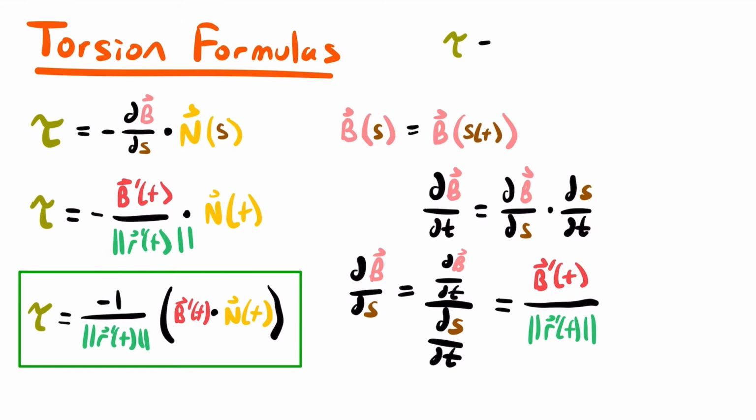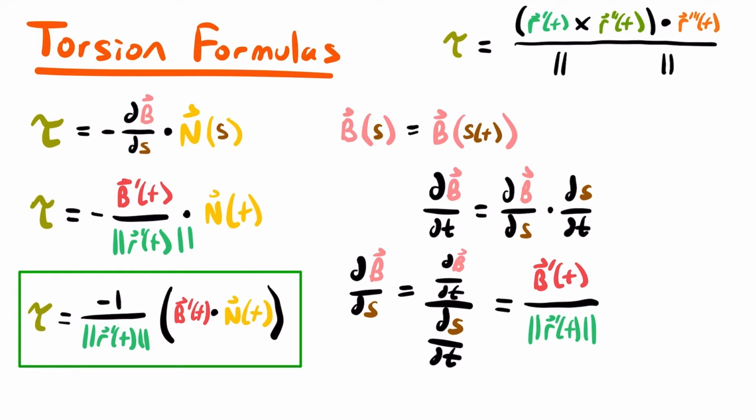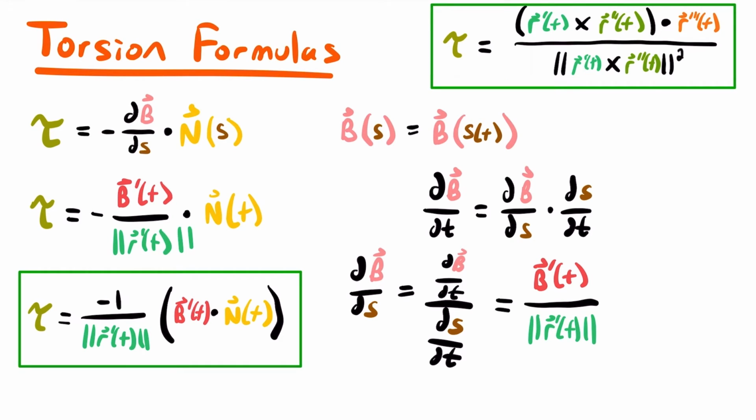The torsion tau is equal to the cross product between r prime of t and r double prime of t, dot product with r triple prime of t, all divided by the magnitude squared of the cross product between r prime of t and r double prime of t. Okay, this is the torsion formula that you are going to use more often than anything else.